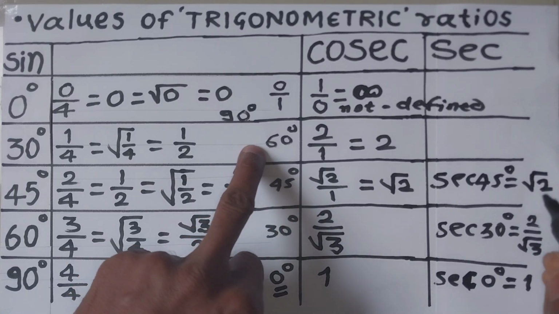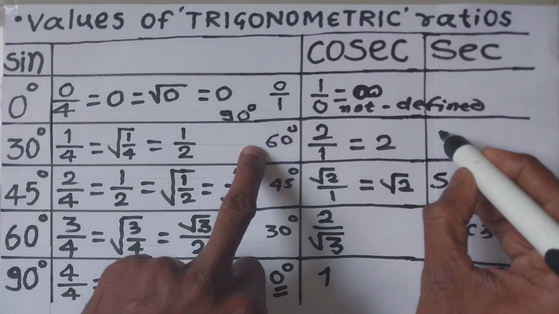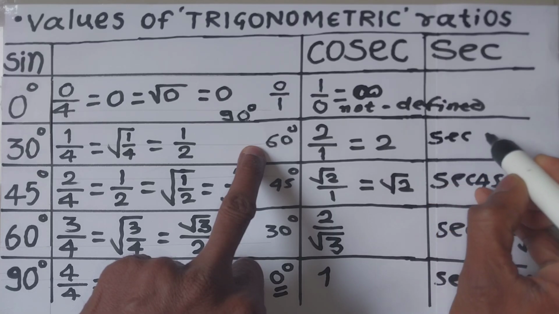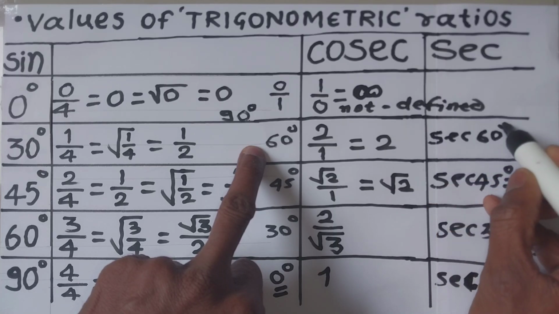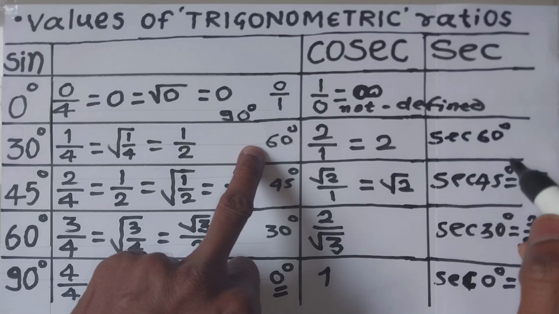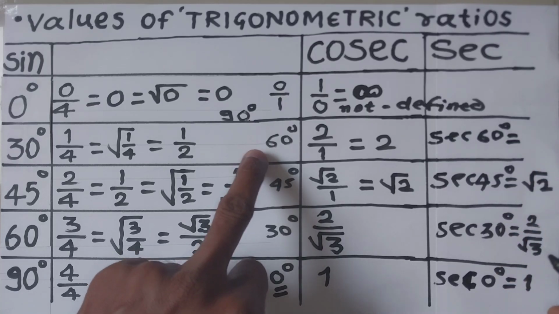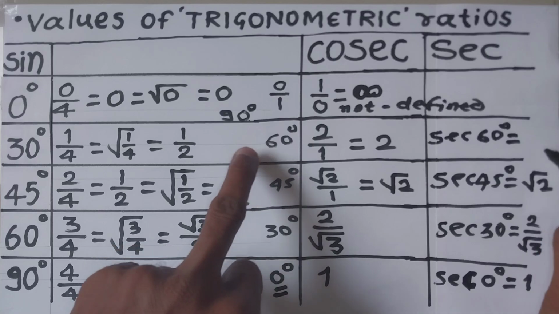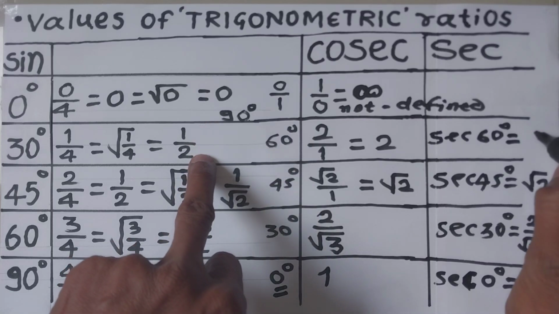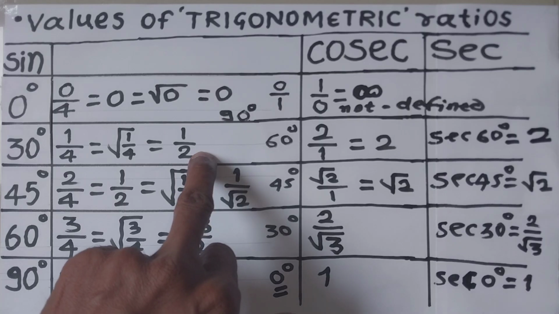Now sec 60 degree is the multiplicative inverse of cos 60 degree, that is 1 upon 2, then the multiplicative inverse is 2, means 2 upon 1.